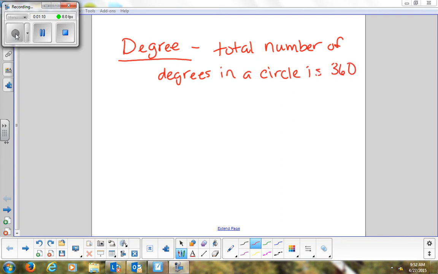Okay, so there's 360 degrees in a complete circle. So if you were to take all kinds of angles and add them together, they would eventually end up with 360, or more or less. But ultimately, a complete circle would be 360 degrees.